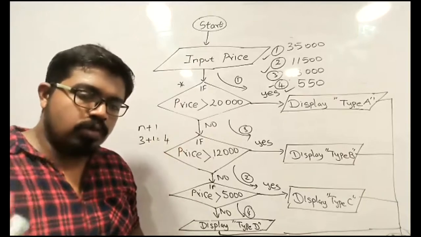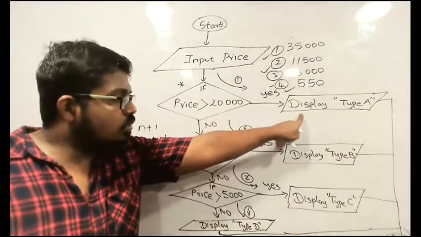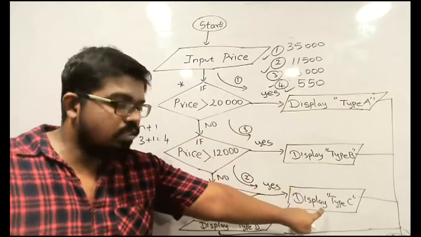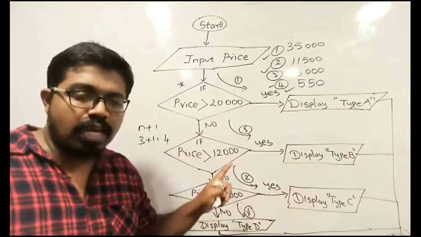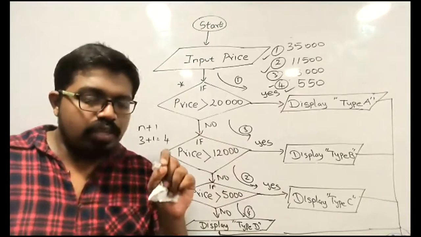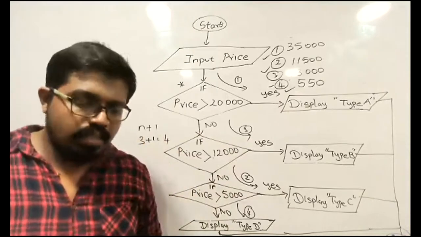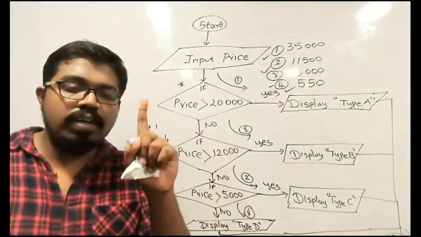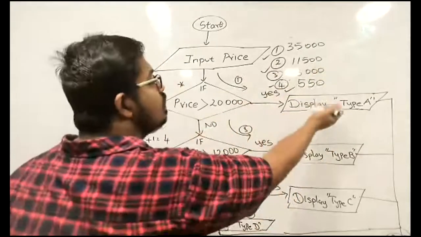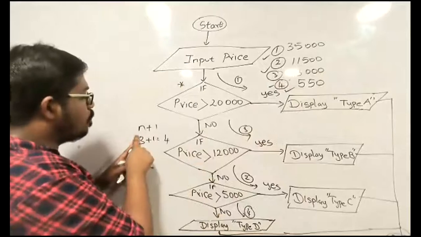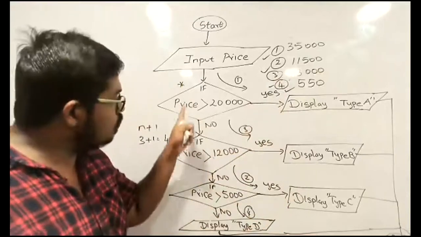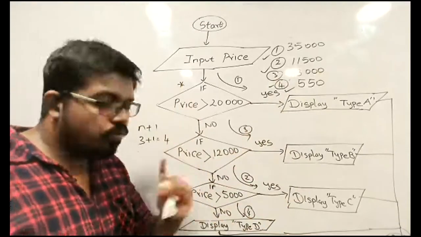Type A is the first output option, the second is type B, the third is type C, and the final output option is type D. For a single data, there will be only 1 output. If the value is 35,000, display type A, only that output. But we will have n plus 1 output options. So I have 1, 2, 3, 4 because of 3 conditions. So 3 plus 1, 4, right?